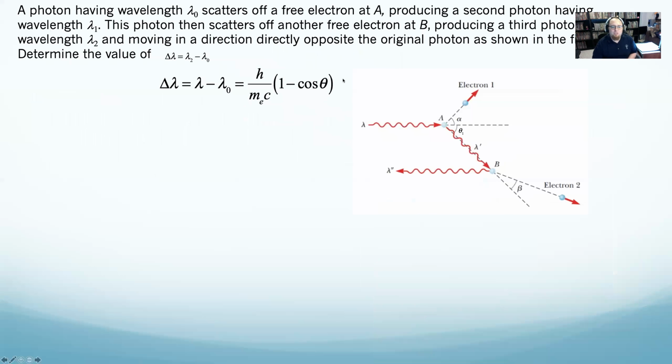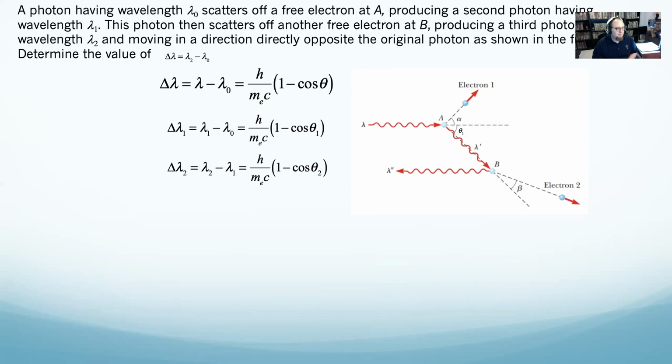And here I have two shifts. Shift 1 is lambda 1 minus lambda naught, and shift 2 is lambda 2 minus lambda 1. I'm doing the Compton shift twice.